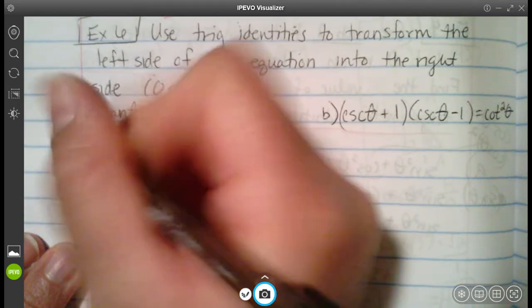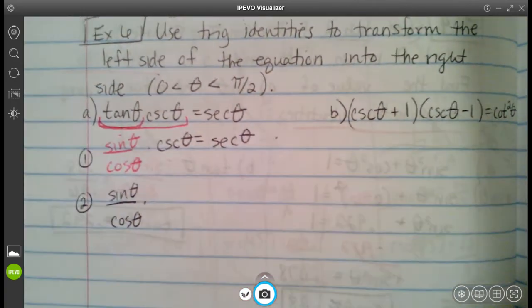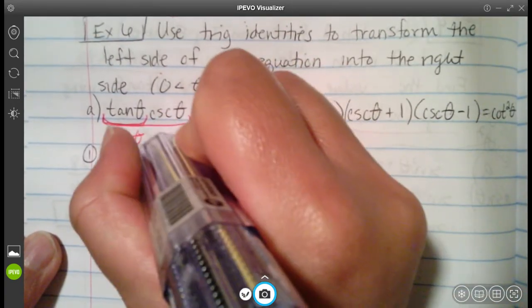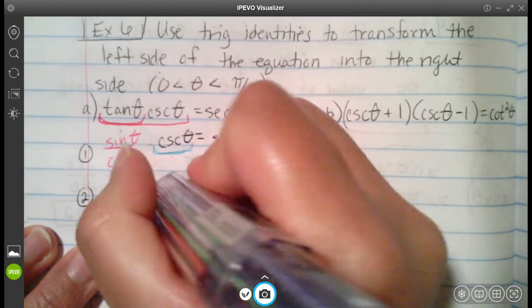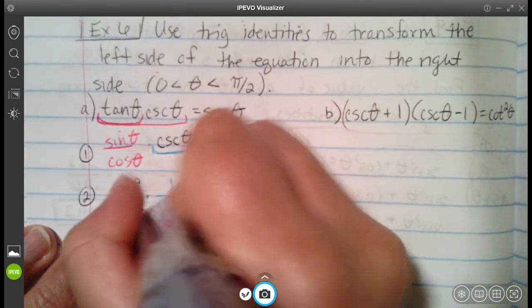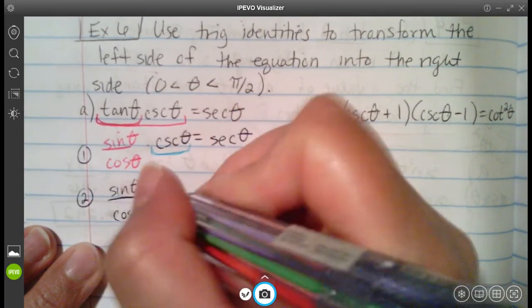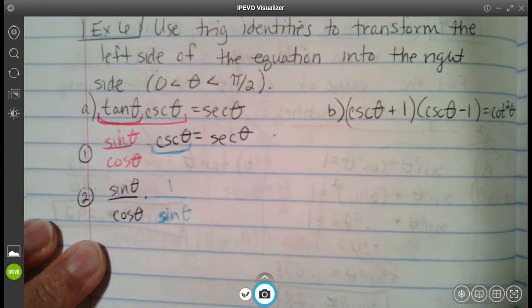And we can do it in steps. There's step 1, here's step 2. I'm going to change cosecant of theta now. So cosecant is the reciprocal of sine. So I can write this as 1 over sine of theta because they are the same thing. If you don't believe, you can't really see that color.